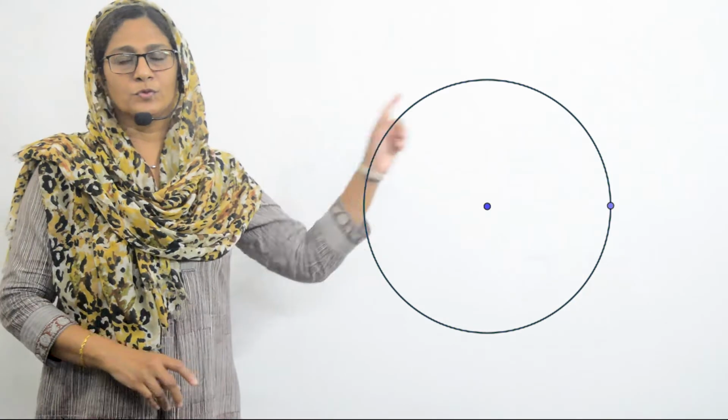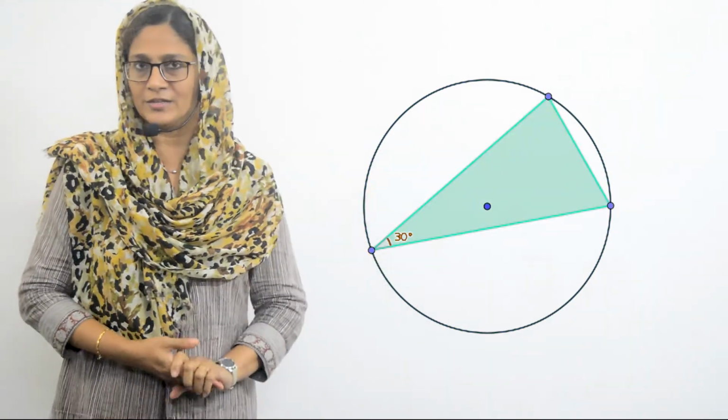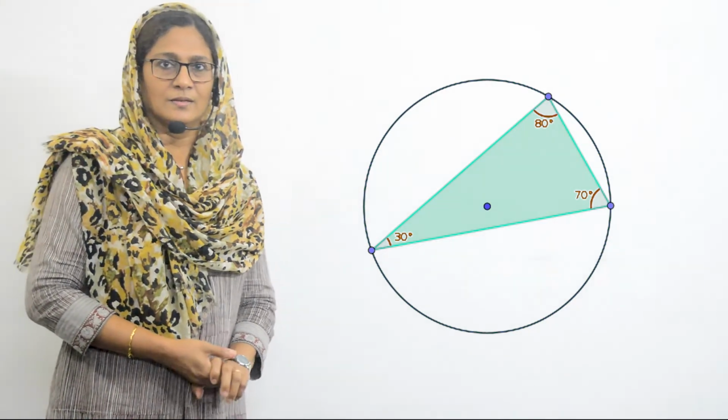This is how our triangle should be. A circle of 2.5 centimeters and the triangle has 30 degrees, 70 degrees and 80 degrees. Think about it.